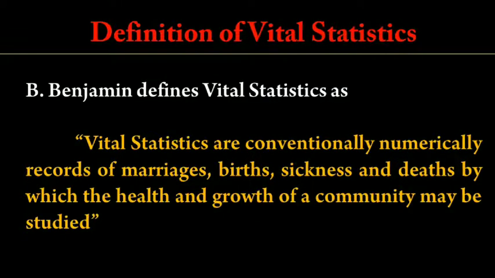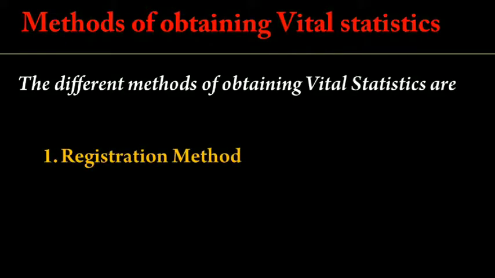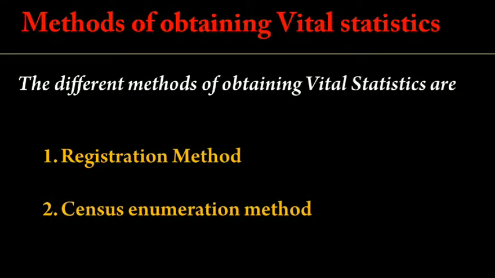So, what are the methods of obtaining vital statistics? The different methods of obtaining vital statistics are the registration method and the census enumeration method. Let us discuss one by one. First one, registration method.